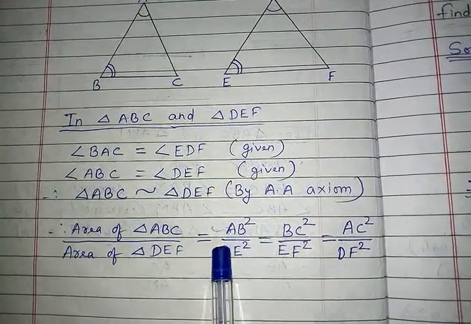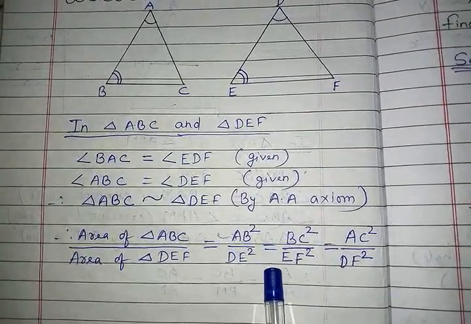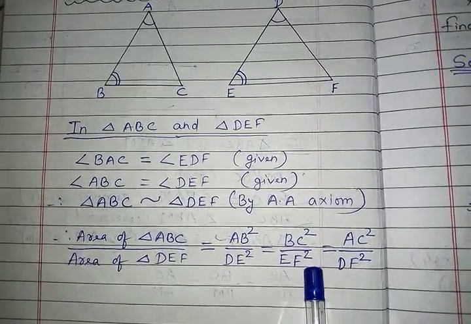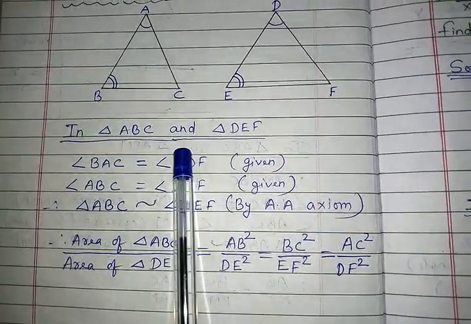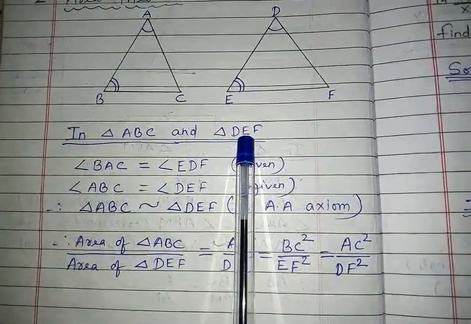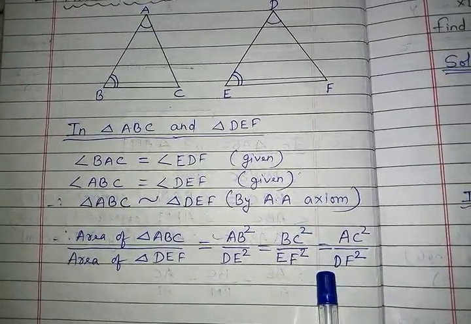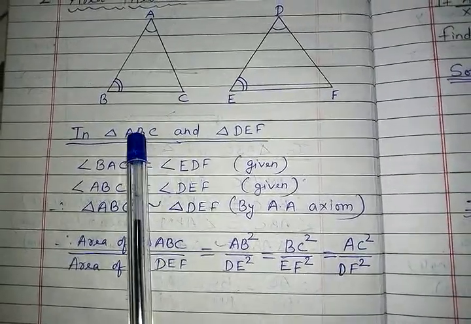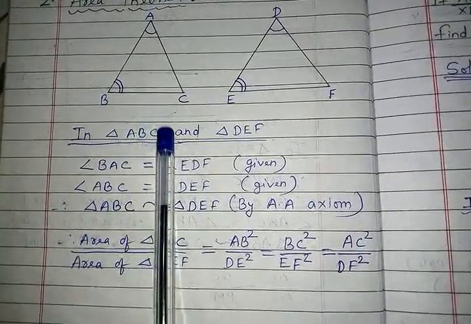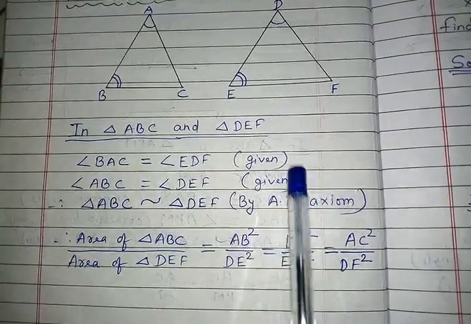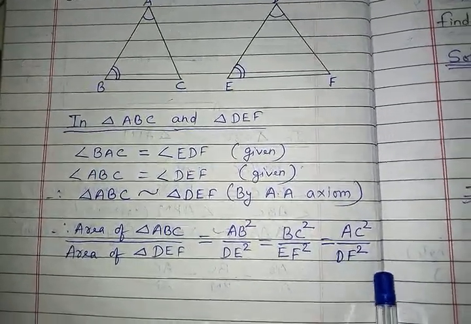So AB square by DE square. The second condition is that if we take BC square, we have to take EF square. BC square by EF square equal to, if we take first and third, that is AC square, then we should take DF square. So AC square by DF square.